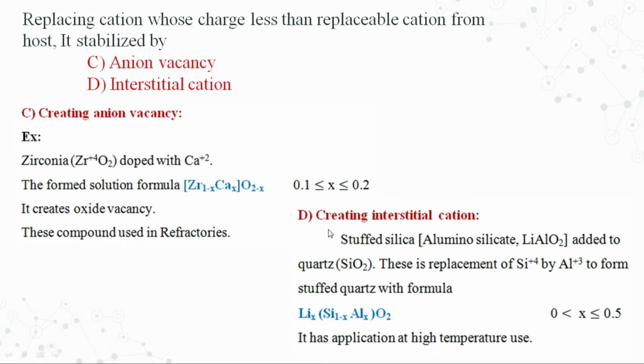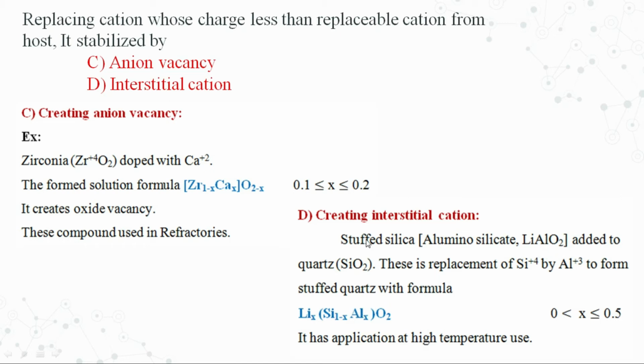The last possibility is that it creates interstitial cations. To understand this, let us consider stuffed silica, that is aluminosilicate, added to quartz, that is SiO2. In this case, the silicon plus 4 is replaced by aluminum plus 3 and it forms stuffed quartz.